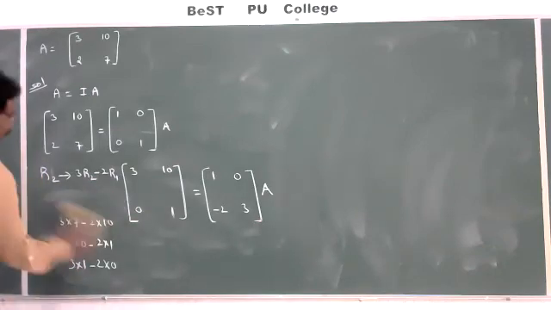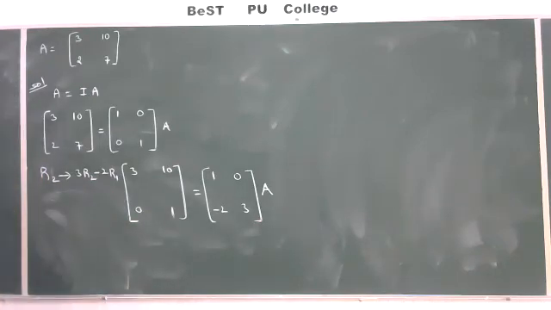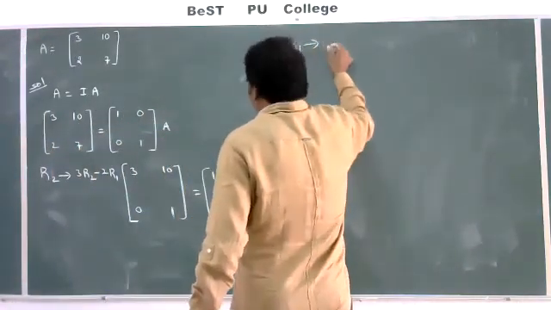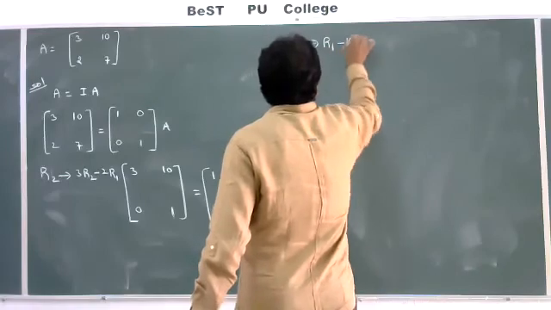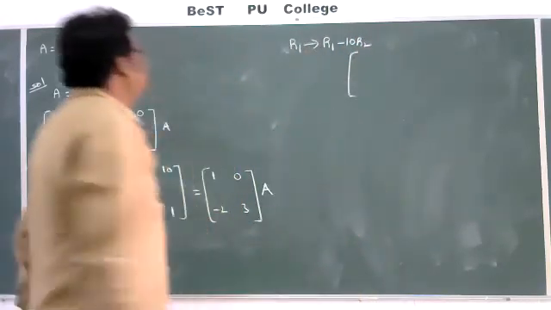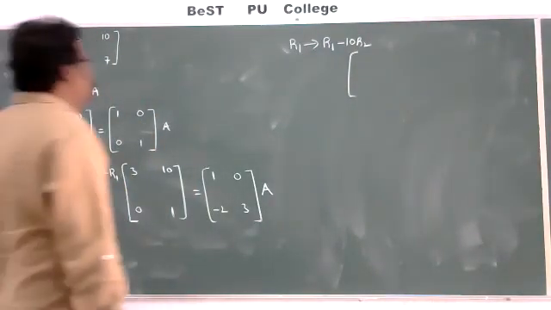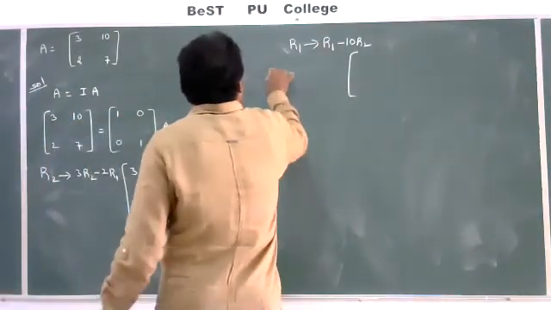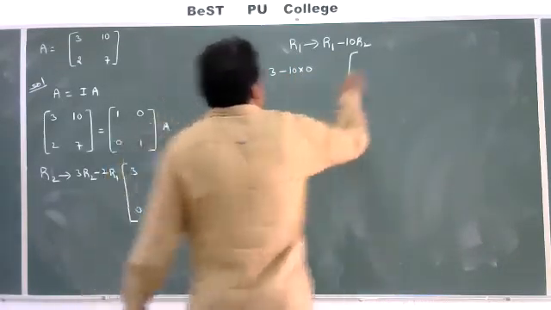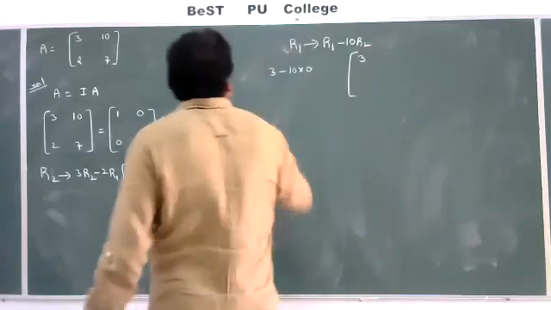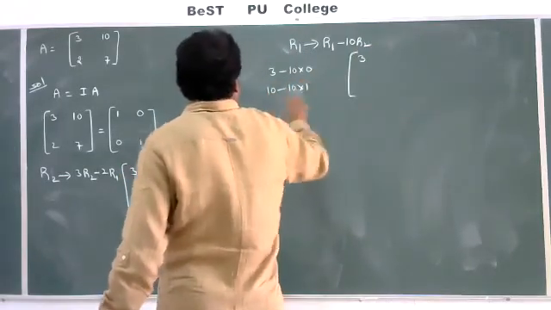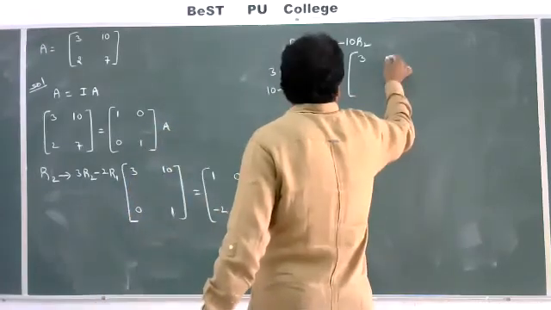That's why our operation is R1 goes to R1 minus 10R2. That is 3 minus 10 into 0, you get again 3. 10 minus 10 into 1, that is 10 minus 10, that is 0.